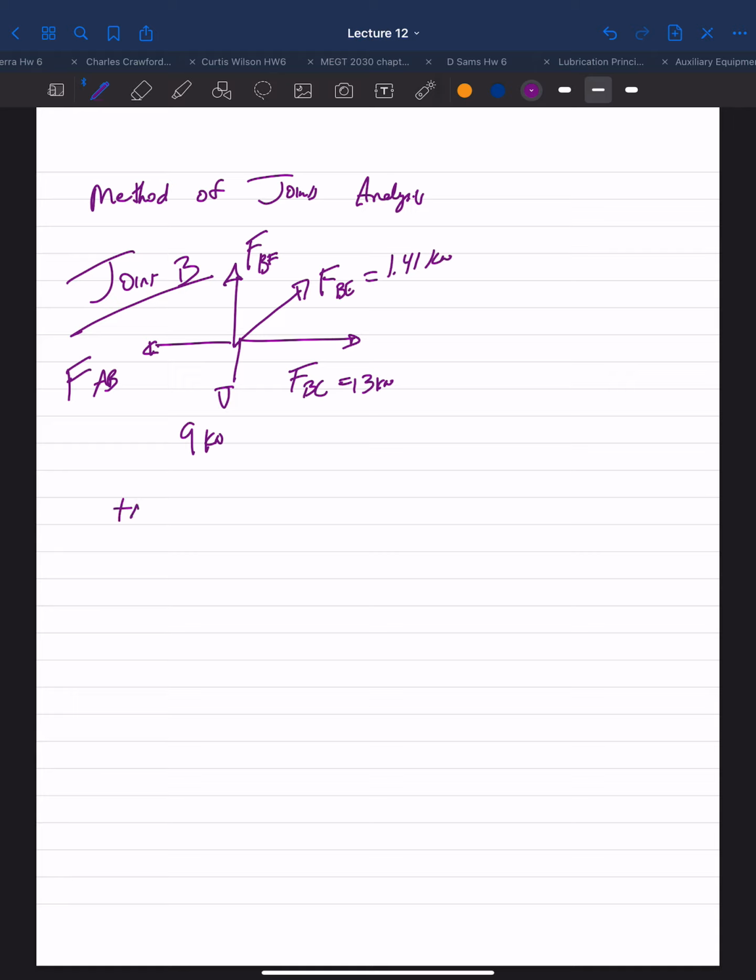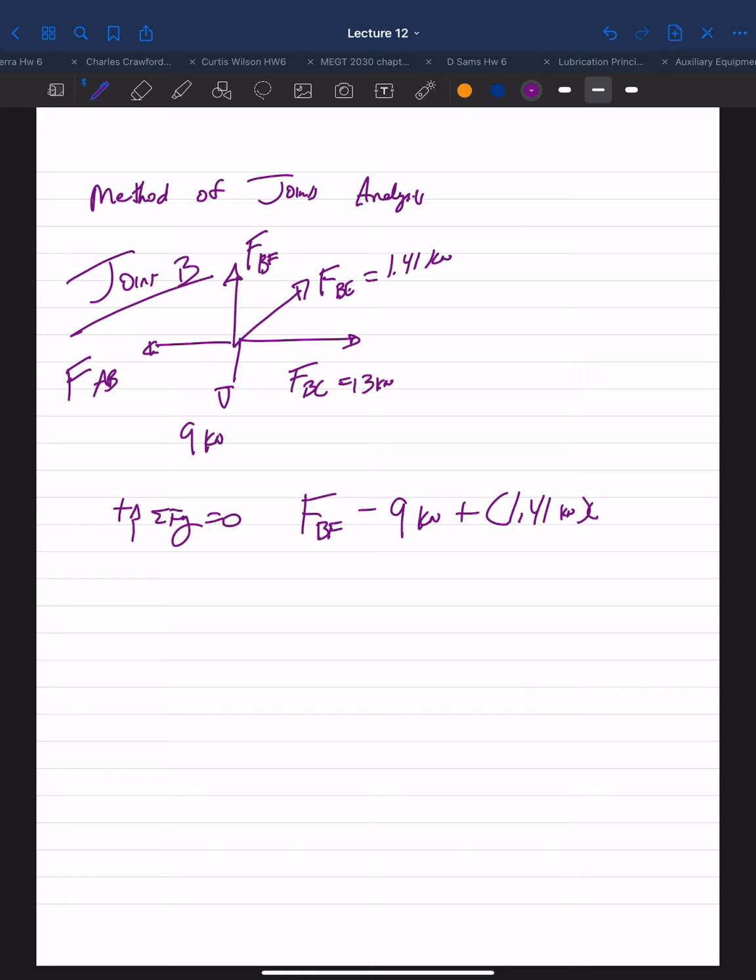So if I take the sum of our forces in the y direction equal to 0, that'd be FBF, the unknown member force that I desire to know, minus your 9 kilonewtons, plus your FBE, which we said is 1.41 kilonewtons.